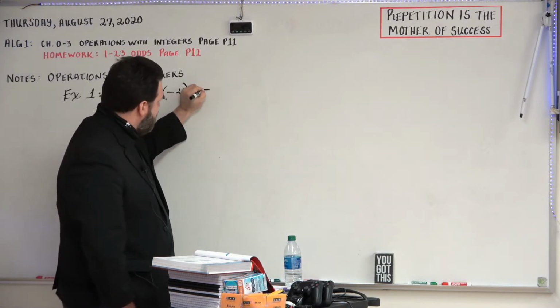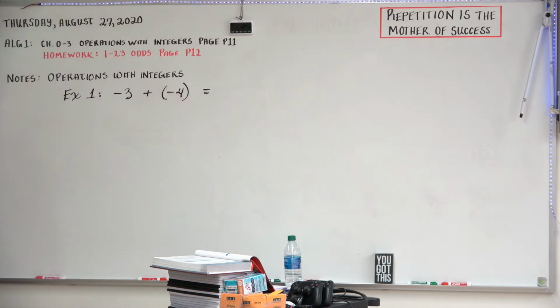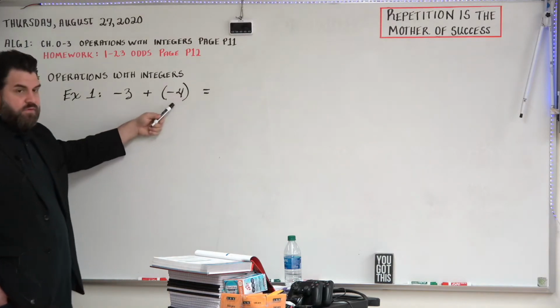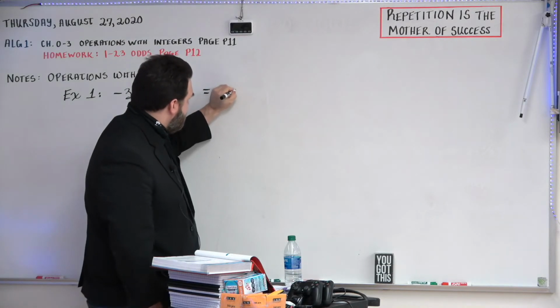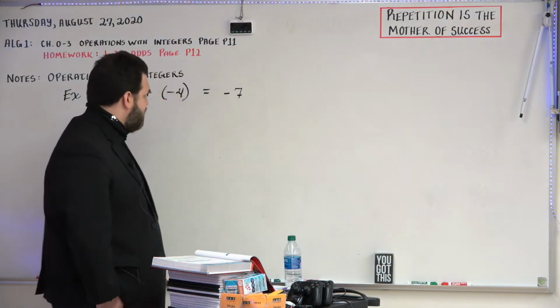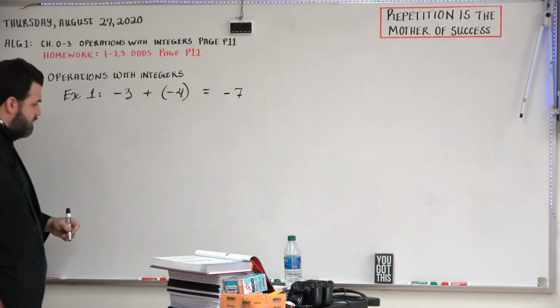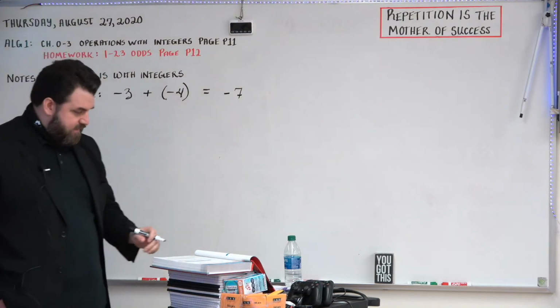So what do these two negative numbers add to be? -7. So the procedure is just add the numbers and stick a negative sign in front of it. So 3 plus 4 is 7. So -3 plus -4 is -7. That's example 1 from page P11. Okay? Oh yeah, please take notes.